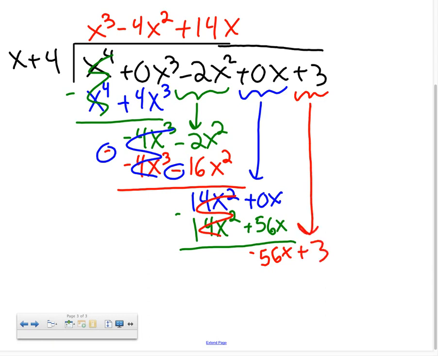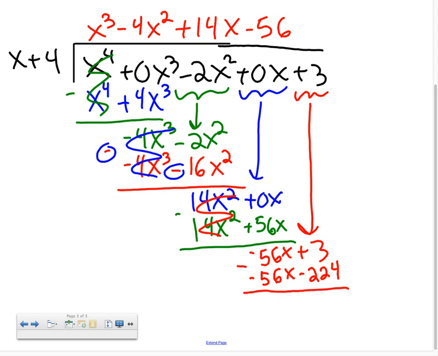So how do I get an x to be a negative 56x? Well, I need to multiply it by a negative 56. So I'd have negative 56x here. Negative 56 times 4 is negative 224. We subtract these.